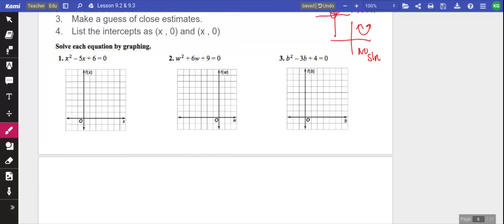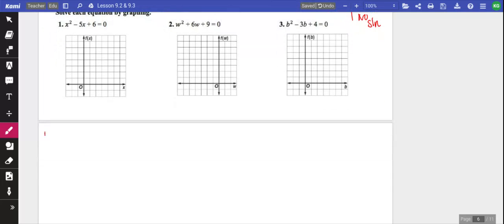So using what we learned yesterday, the first thing we're going to do for number 1 is find the axis of symmetry. So I'm going to do the opposite of b over 2 times a, which would give me 2.5. Then to find the vertex, I'm going to sub 2.5 back into my equation.